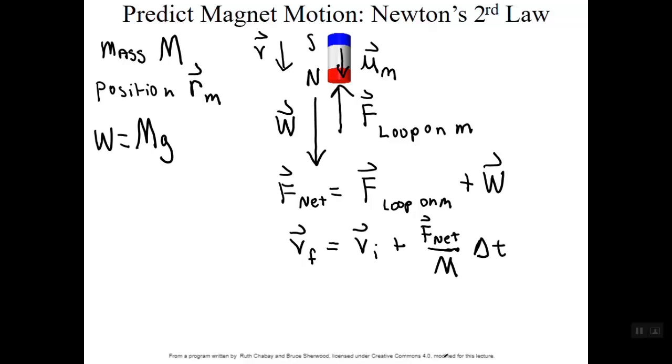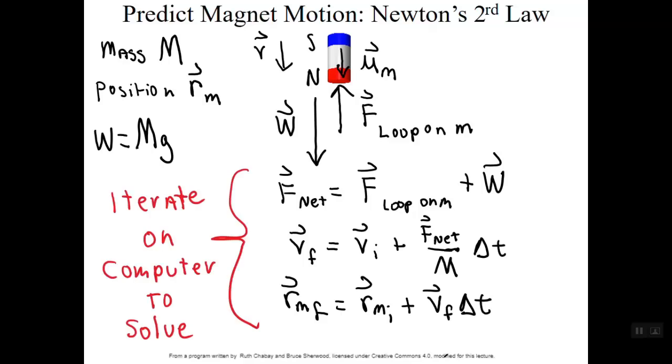After making this prediction of the final velocity, we can use this to predict a new position for the magnet a small time delta t later. That's just vector r sub m initial plus vector v final times delta t. We can just iterate these equations repeatedly on a computer to predict the motion of the magnet.